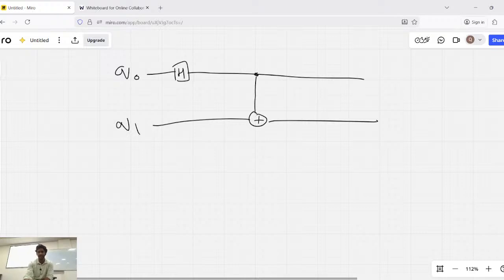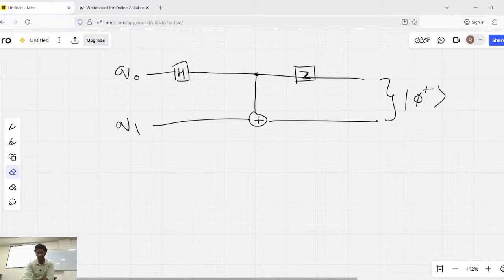So this gives rise to my phi plus state. Now, if I keep the Z gate here, then I'll be having a phi minus state.